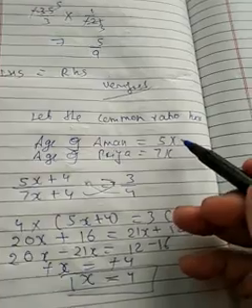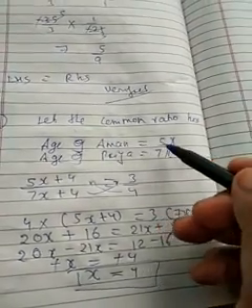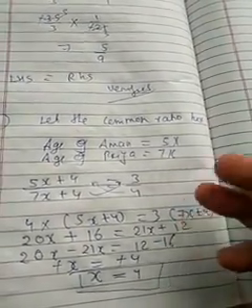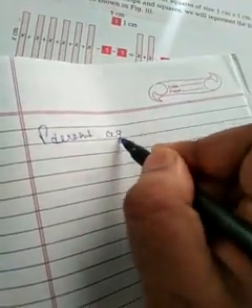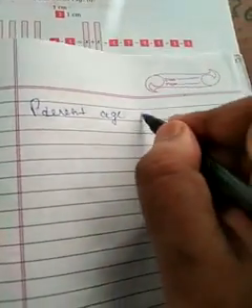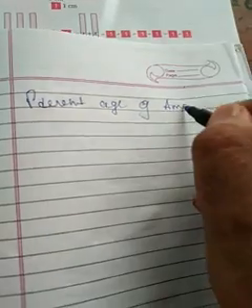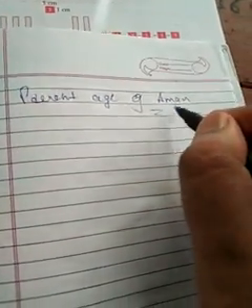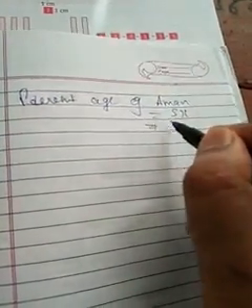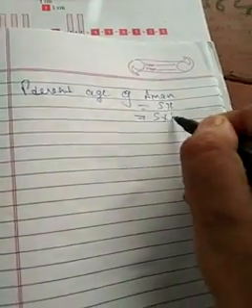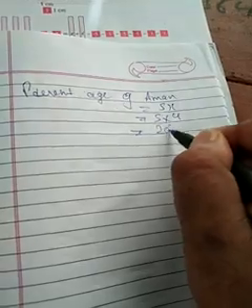Now we will put the value of x in the age of Aman and the age of Priya, which are 5x and 7x respectively. Present age of Aman is equal to 5x. In place of x we will put the value 4. It means 5 4s are 20 years.